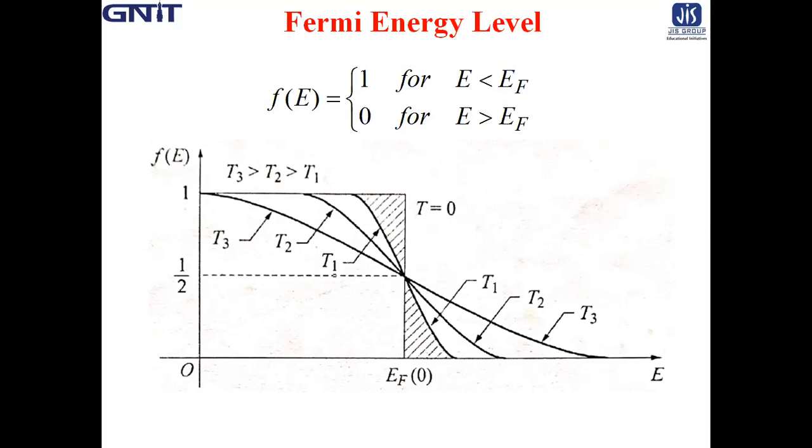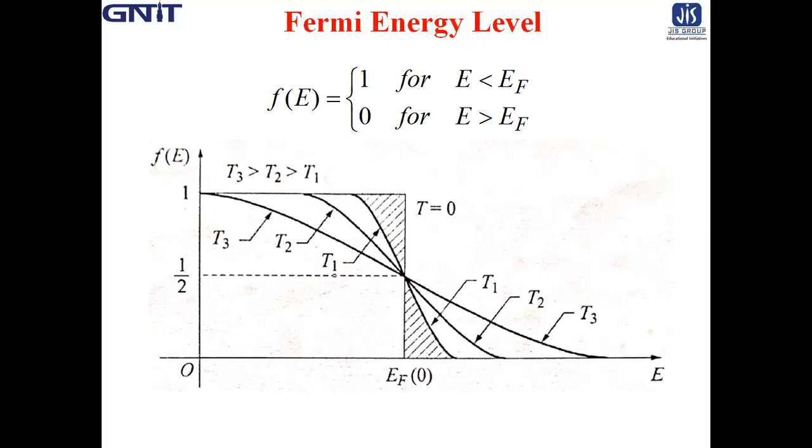The electrons occupy the lowest possible energy states, so all states below Ef are occupied and those above Ef are empty. Now, as the temperature increases, as you see in the figure, the distribution function varies rapidly from nearly unity to nearly zero.